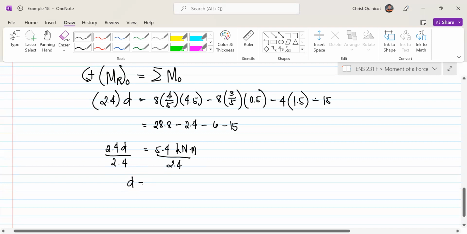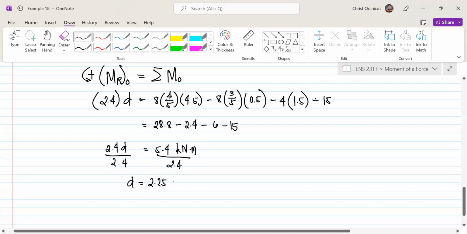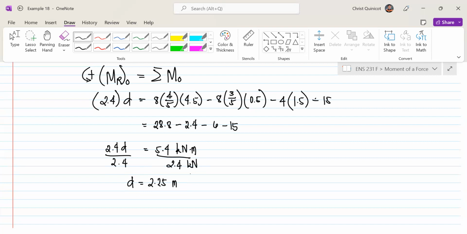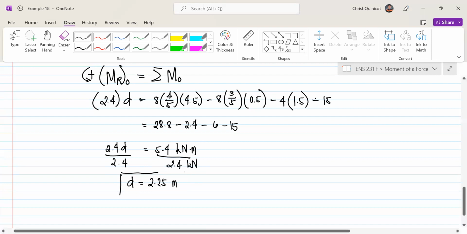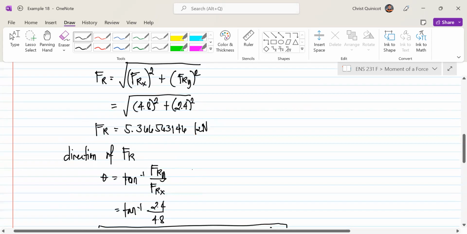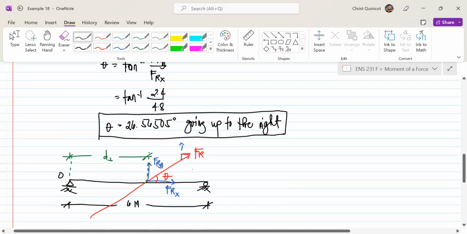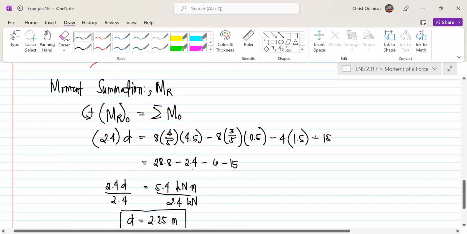Then D is equal to 5.4 divided by 2.4, which is 2.25 meters, because 2.4 has a unit of kilonewton. And this is the distance from point O where our resultant force, which has a magnitude of 5.37 kilonewton, passes through the beam measured from point O.